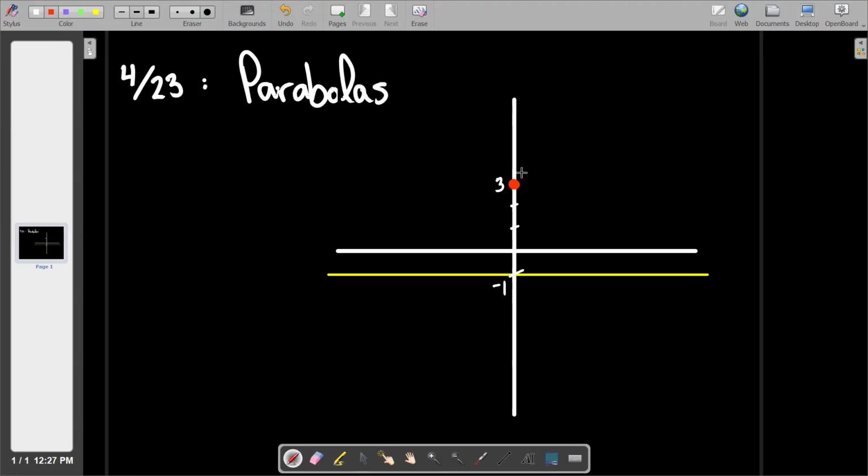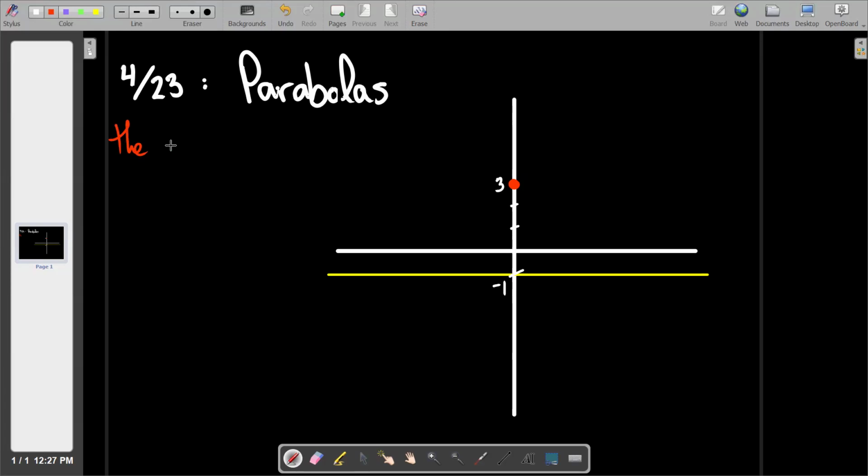Never before has a parabola been talked about in your presence like this, but a parabola from this point on is going to be known as the set of all points equidistant from a point and a line. I'll write that down for you.